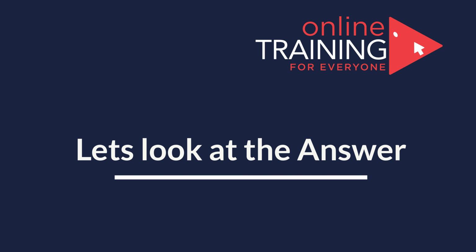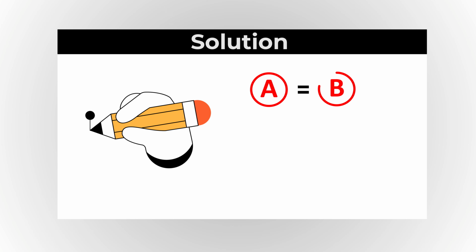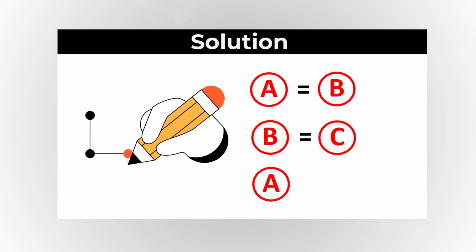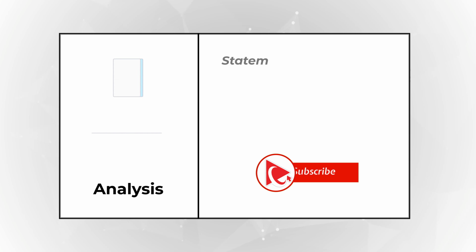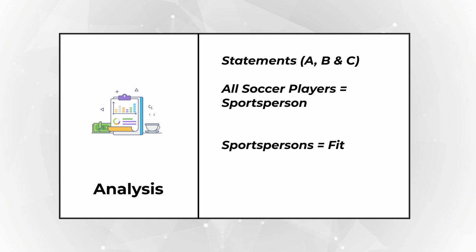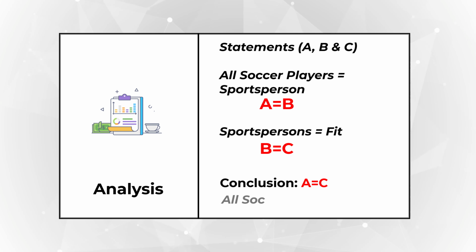As you might be well aware, in the logical world, there is a formula: if A equals B and B equals C, then you can reasonably conclude that A equals C as well. We can look at our original statements as A, B, and C. For example, the statement all soccer players are sports persons could be the equivalent of A equals B, and then all sports persons are fit could be B equals C. Based on these two statements, we can reasonably say that A equals C, which would mean that all soccer players are fit.